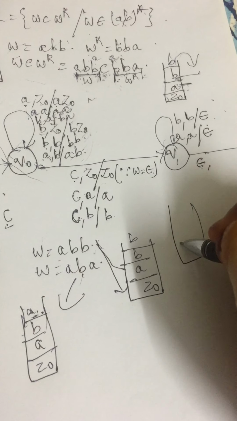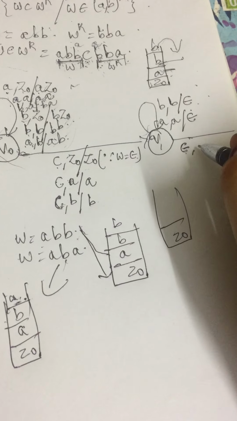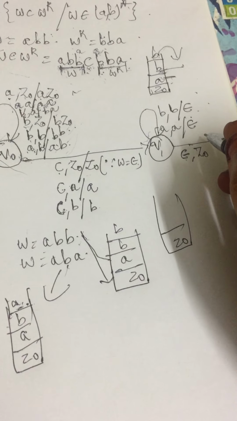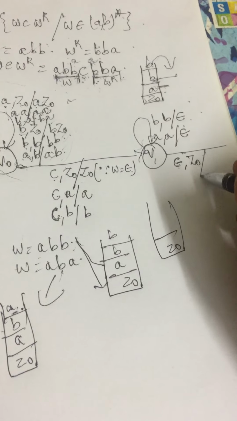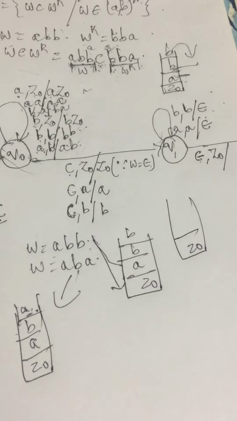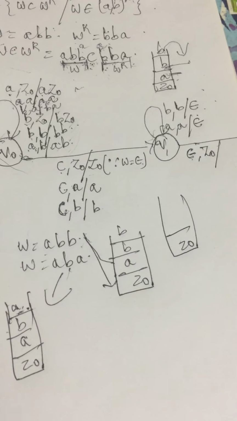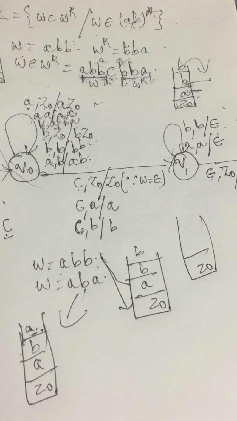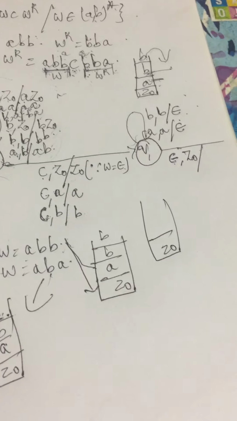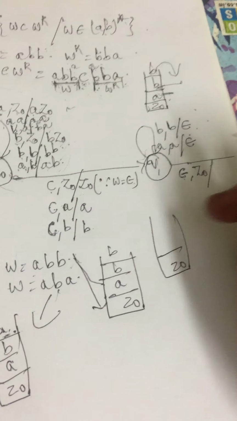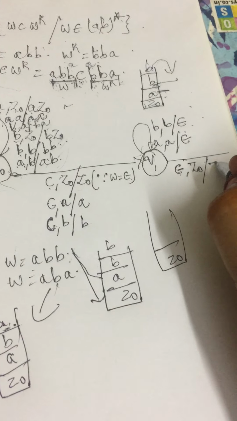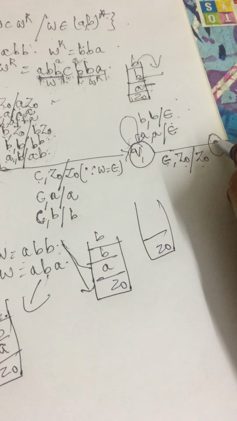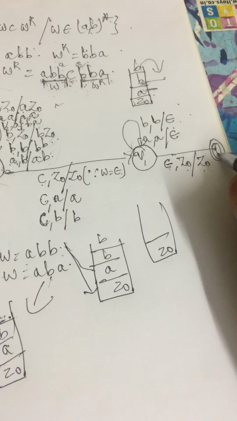When everything is popped, only Z0 will be present on the top of the stack. When Z0 has come, it indicates that the stack has become empty. So just simply skip it. Keep the top of the stack as it is and represent the final state here, Q2.